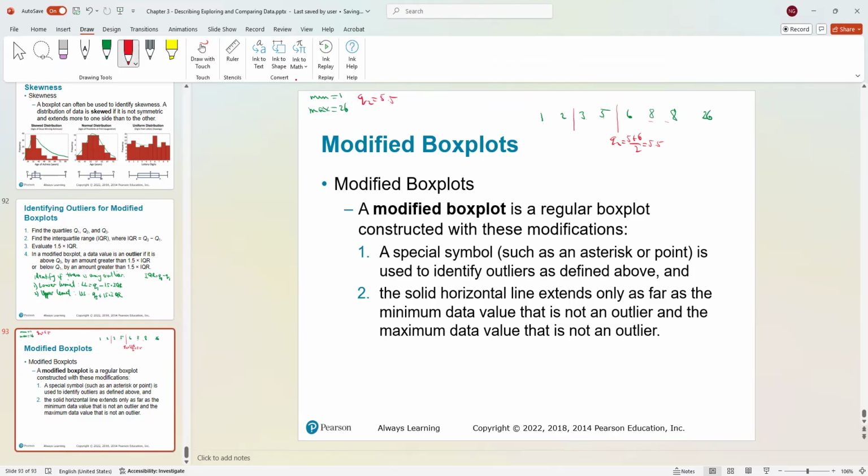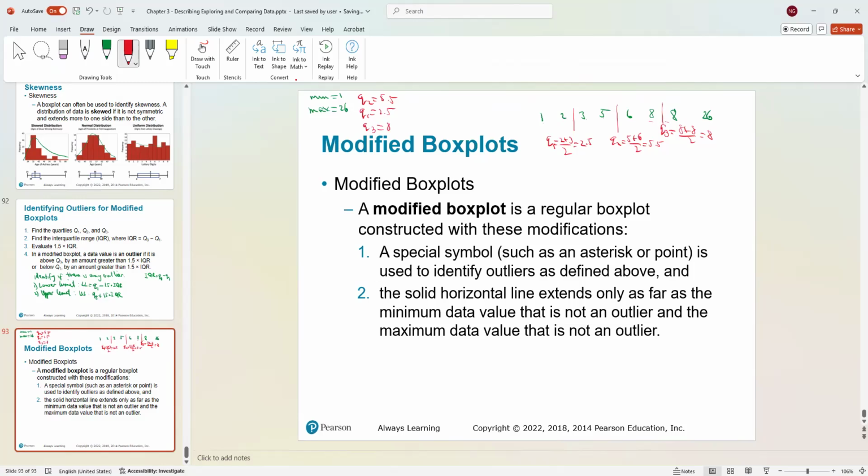Q1 would be here, so Q1 is 2 plus 3 divided by 2, which is 2.5. And Q3 would be 8 plus 8 divided by 2, which is 8. So Q3 is 8.